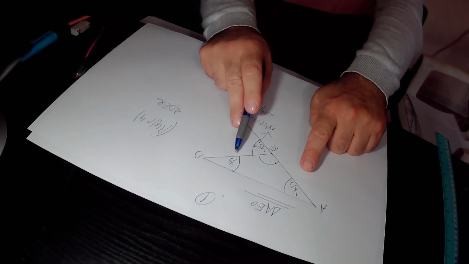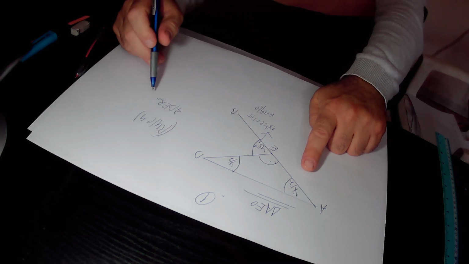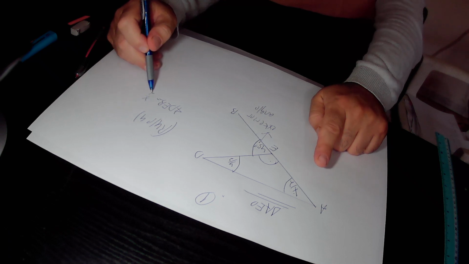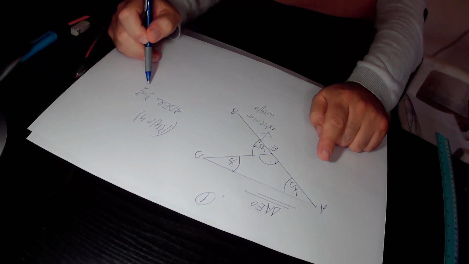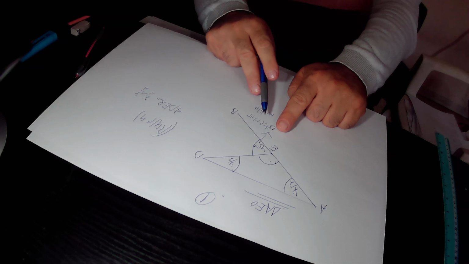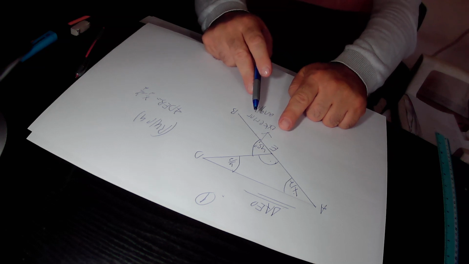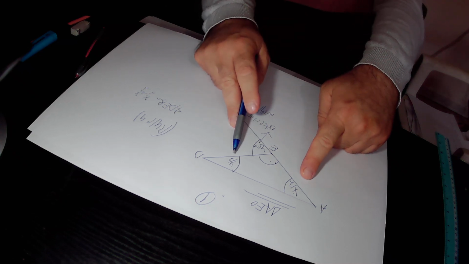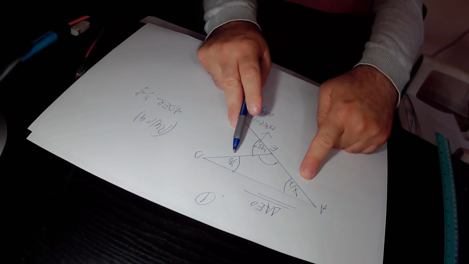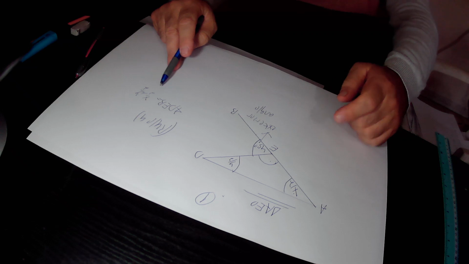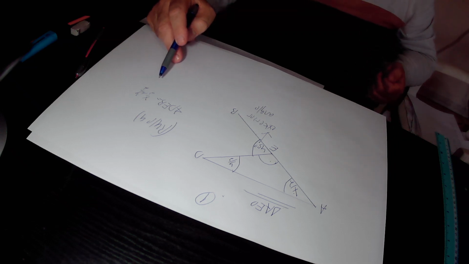So the sum of those two interior angles is x over 2 plus y over 2, and the size of the exterior angle DEB equals x over 2 plus y over 2.